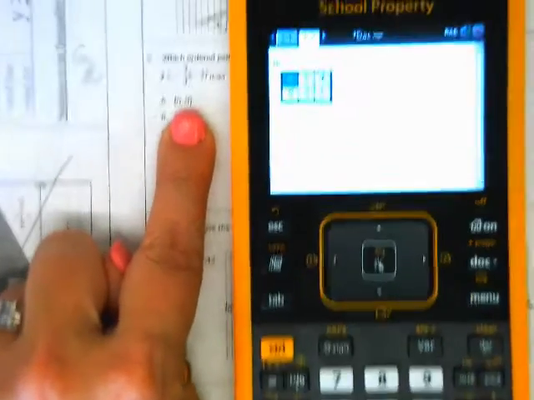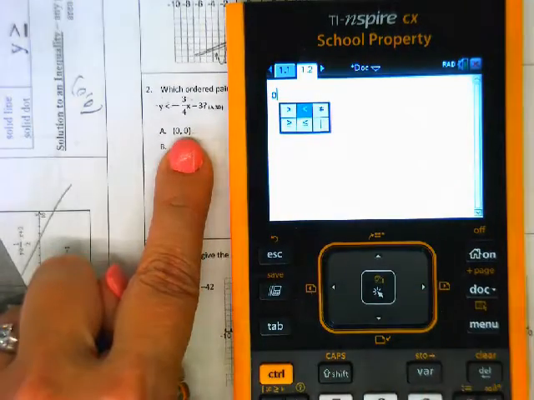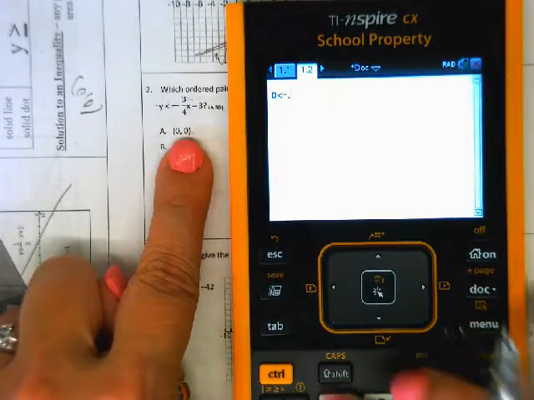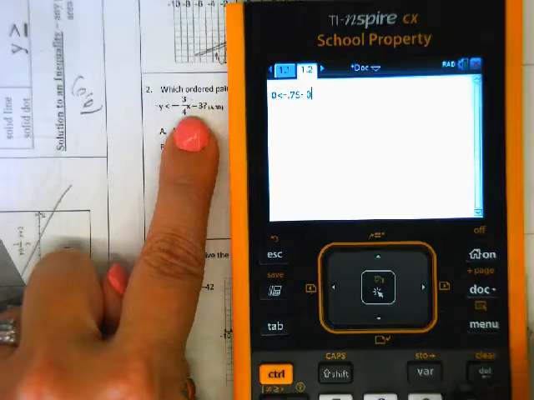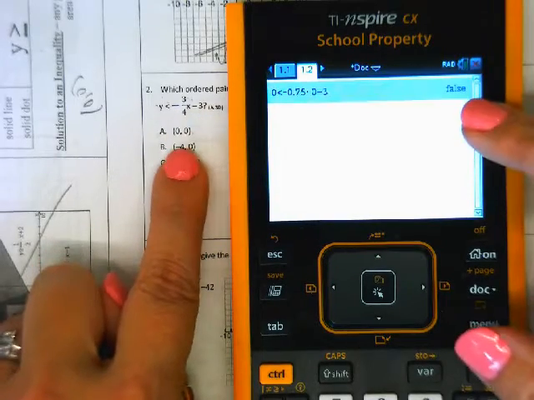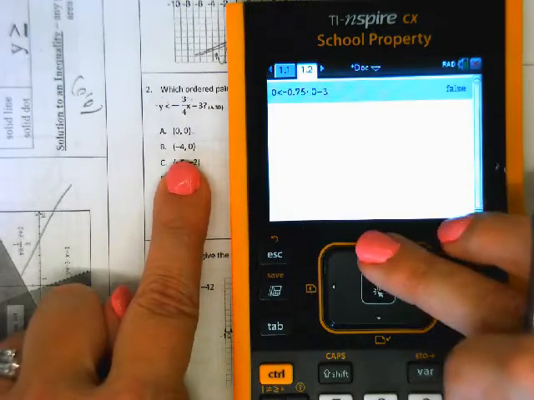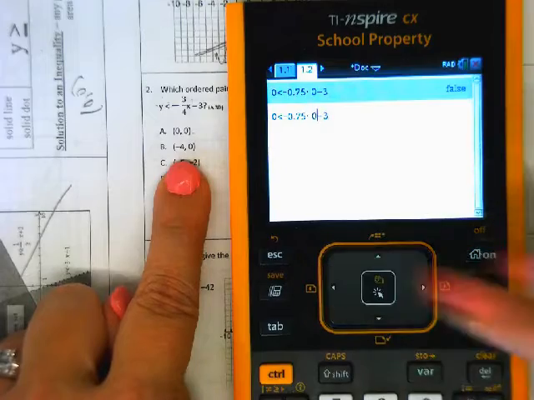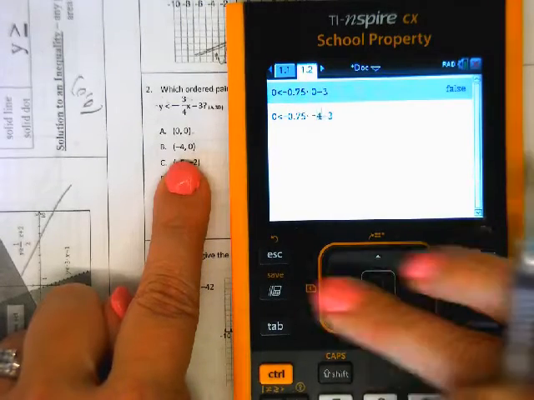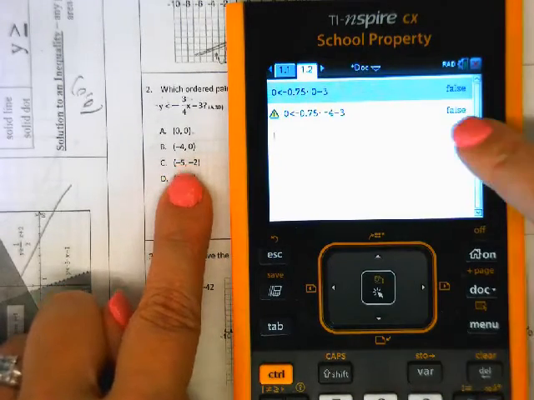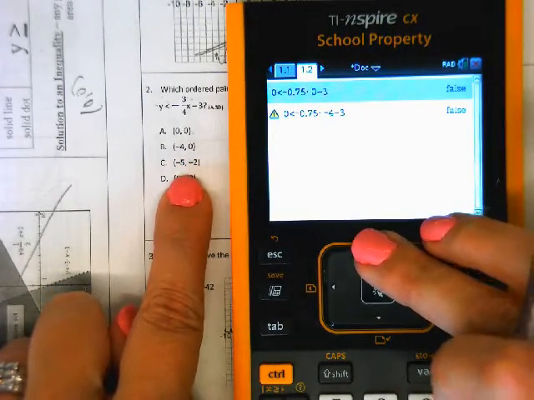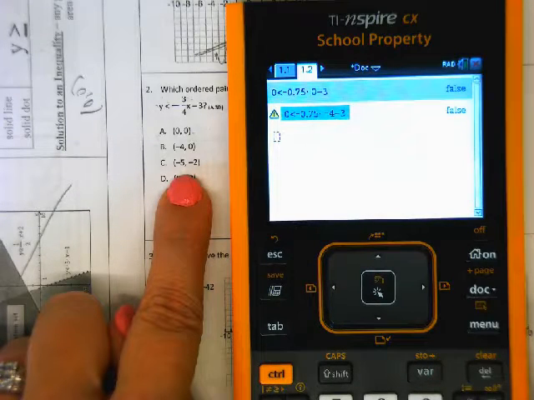Do you remember that? And we can say less than, I'm just going to use -0.75 because that's easier to type. -3, false. It's not that one. You could even go up and copy it and change your numbers, false. You go up and you copy, you just highlight it in blue and you hit enter.